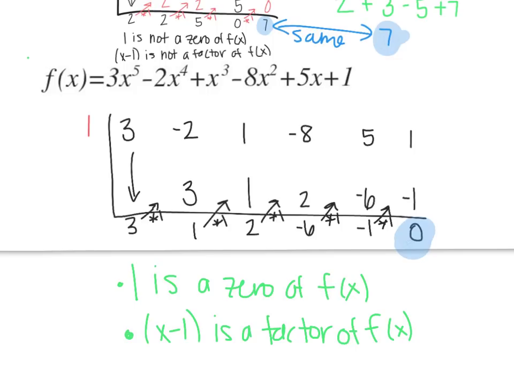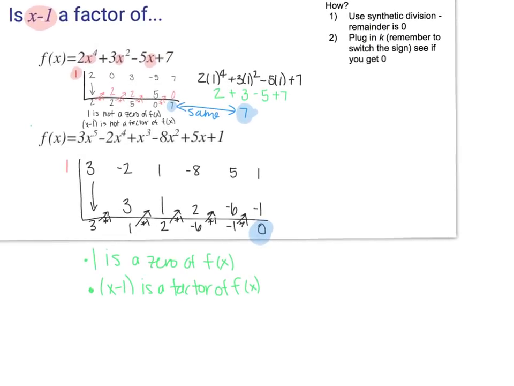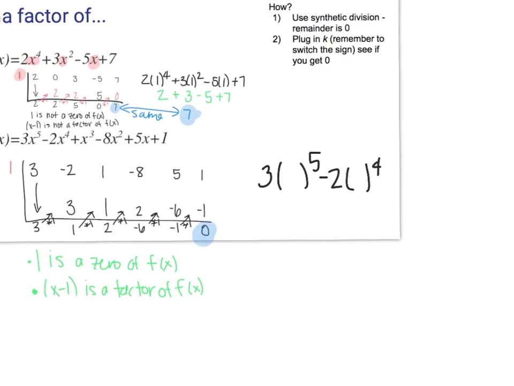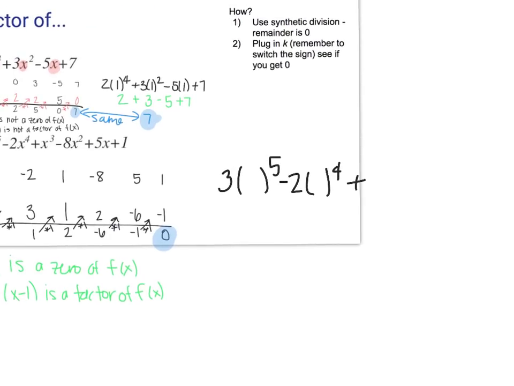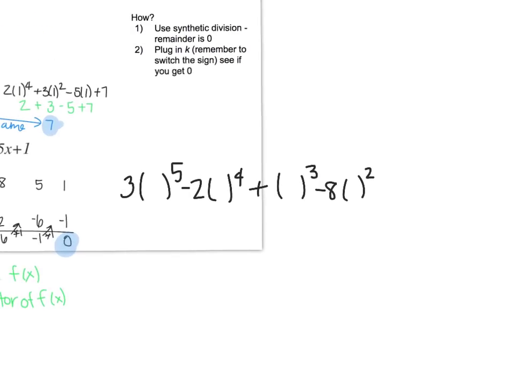Now remember, I could have very well, instead of doing synthetic division, gotten the exact same result by taking the problem 3x to the 5th minus 2x to the 4th plus x to the 3rd minus 8x squared plus 5x plus 1, and plugged in 1 every time I saw an x.